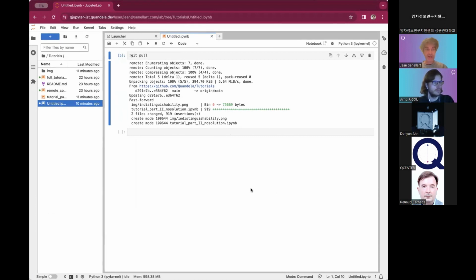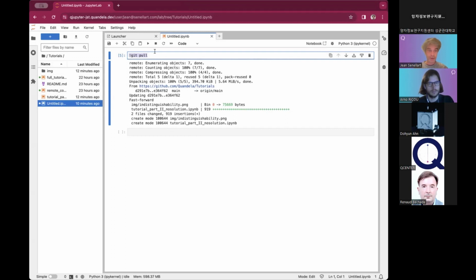Normally you see my screen. The first thing you need to do is open a new notebook and do a git pull. Be sure that you are in the tutorial repository directory and run git pull, which will get the new training material for today's session.